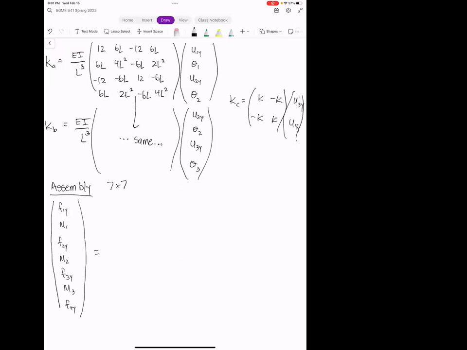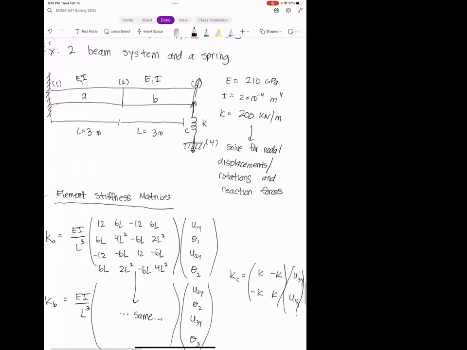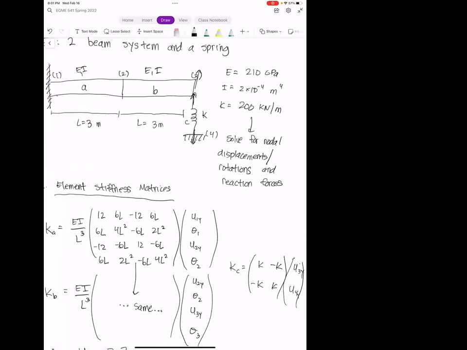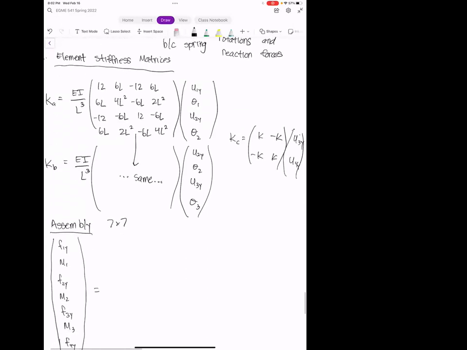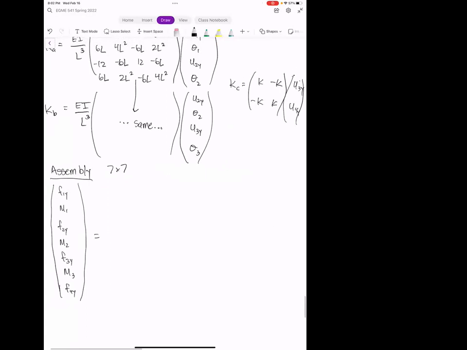The reason for that is because the spring cannot support any rotation. At the point where it's connected to the ground, well, in the end, it's not going to matter because it's connected to the ground. But this part here cannot rotate, because it's a spring. And so that's why we end up with an odd number of degrees of freedom. Usually it's an even number because each node supports 2 degrees of freedom.